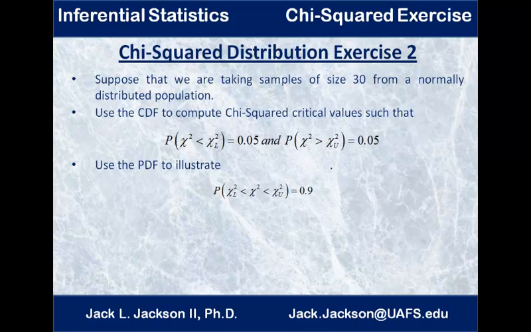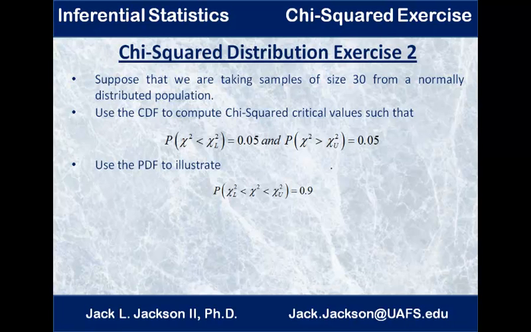We want to use the CDF to compute the chi-square critical values such that we'll call this one on the left a chi-square value, chi-square sub L, the lower limit, and to the left of the lower limit the probability is 0.05, and then we also want a corresponding one on the right so that the probability above that is 0.05.